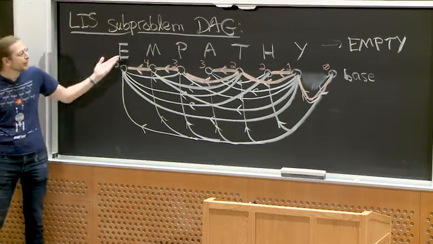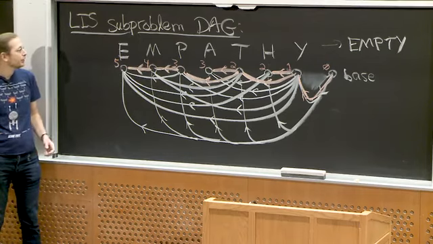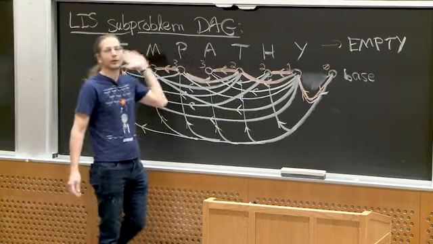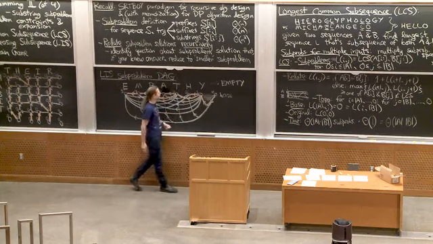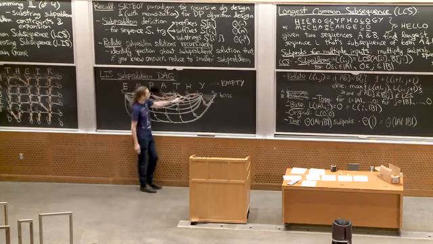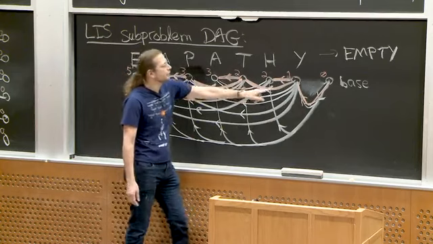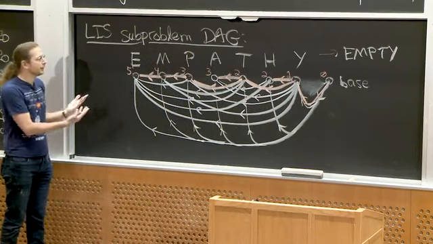So if you just put -1 on all these edges and ask for the shortest path from the base to anywhere, so single source shortest paths from this base, then we would end up getting this path, which if you look at it is EMPTY, empty. And so that shortest path is indeed the right answer.